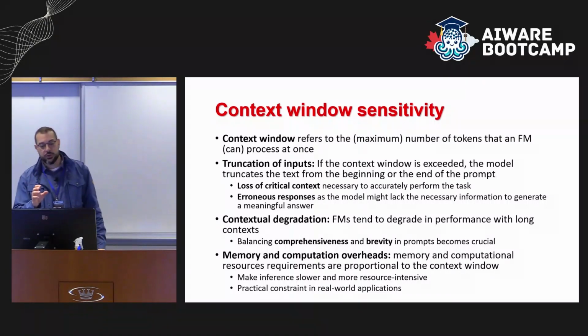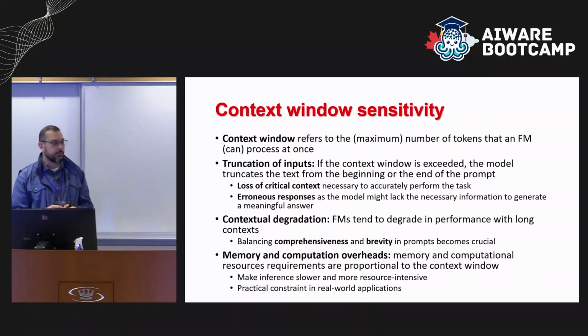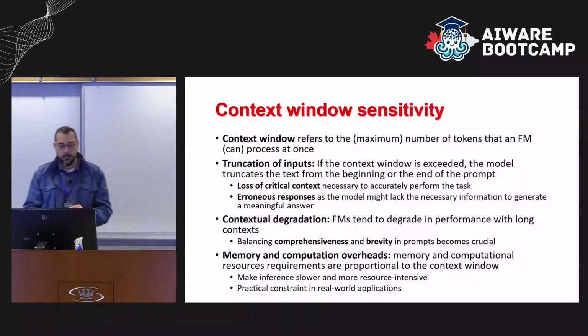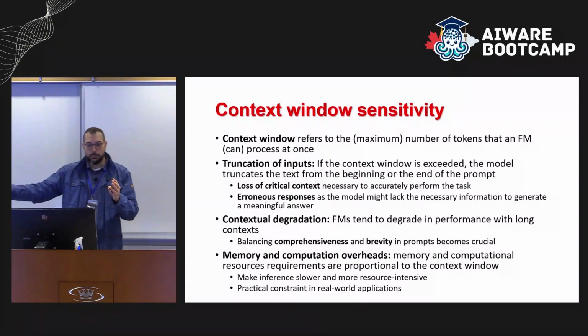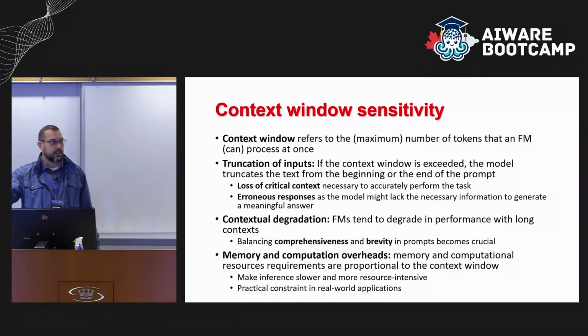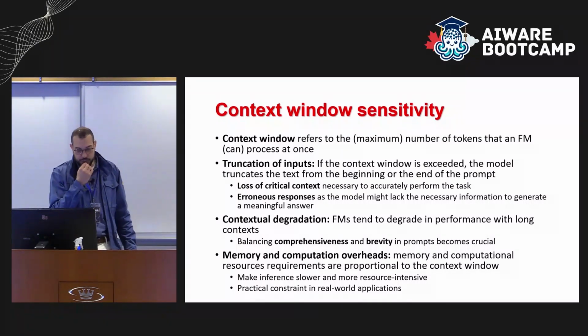It refers to the maximum number of tokens that you can input at the same time to a foundation model. So every foundation model has a context window limitation, the maximum amount. And the size of your prompt, how many tokens you have in your prompt, will also affect the result that you're going to see from your foundation model.